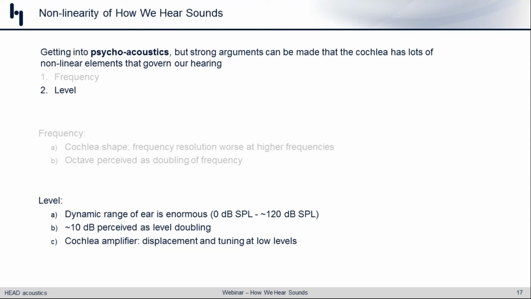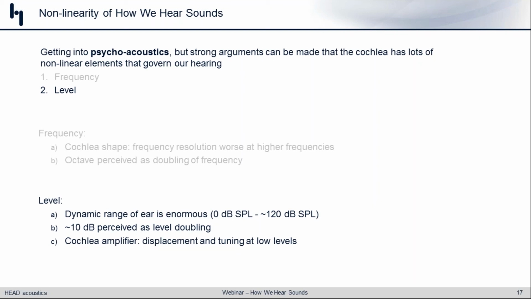Now, at very high amplitudes, let's say the sound pressure level is equivalent to a Boeing 747 airplane, the cochlear amplifier is still there, adding a paperclip's worth of weight to that sound. It's just, you're not going to notice that. But it means that this 10 dB level doubling, that we normally associate with things like loudness and other metrics, doesn't hold true for the extremes, especially at the lower levels. And ironically, at the higher levels, the cochlear amplifier also helps govern our frequency masking effects in the ear.